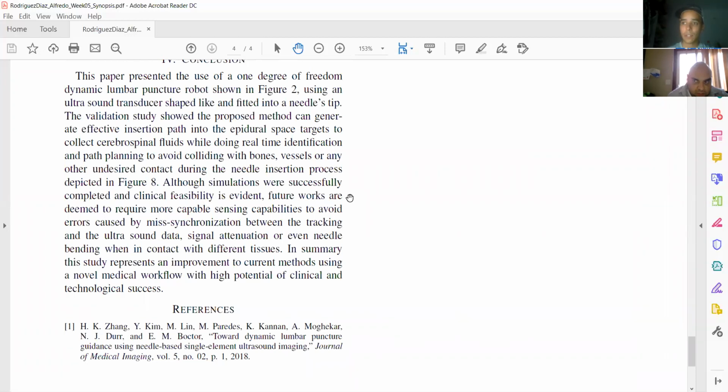And again, they have a very novel medical workflow with high potential for other procedures, especially, they highlighted, for the obese. In obese people, in some cases, it's very difficult to be precise and target the spinal cord, and there's a very low yield. I remember it's about 80% of the cases are only successful.